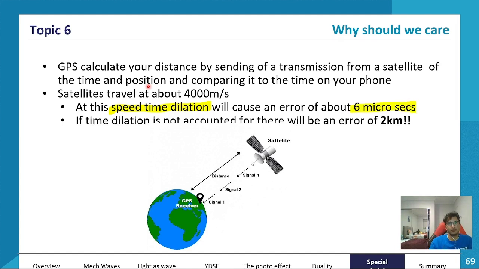While 6 microseconds doesn't sound like a lot, if the satellite is out of sync by 6 microseconds, which is caused by time dilation, your position on the GPS will be wrong by a factor of 2 kilometers. That just shows that time dilation actually has real world impacts other than just imaginary spaceships traveling at really fast speeds.